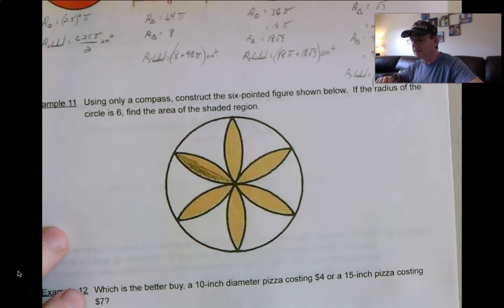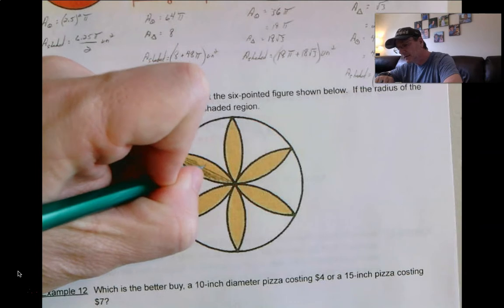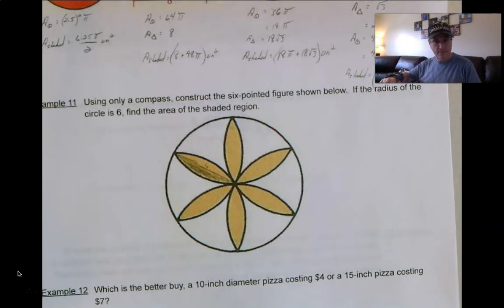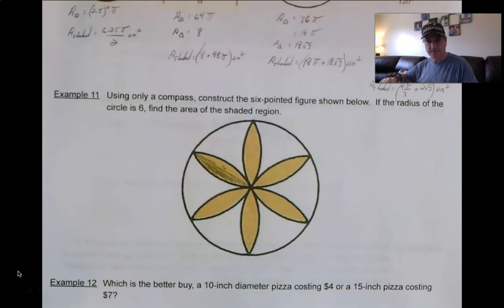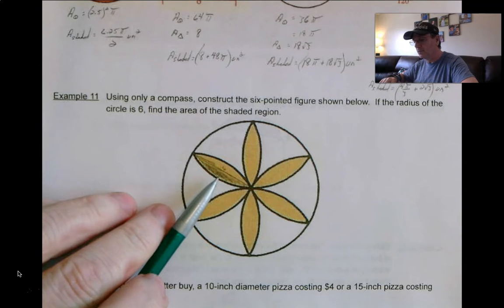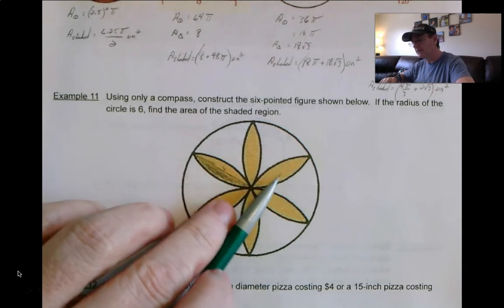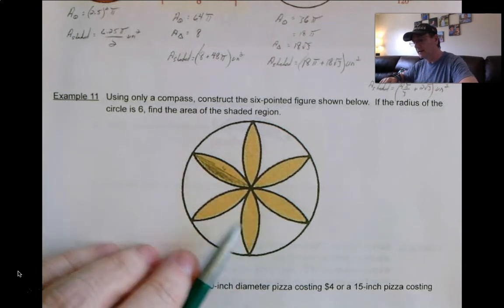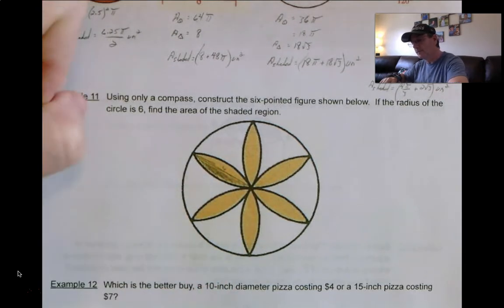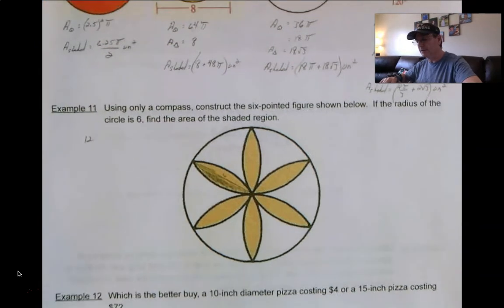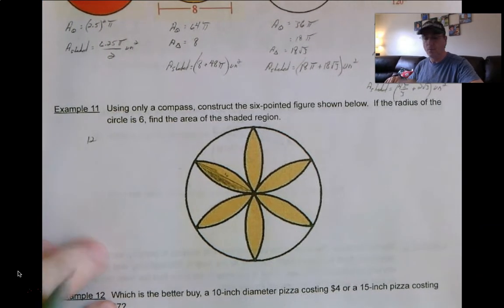Radius of the circle is 6. So this is 6. That radius there is 6. Okay? We have 1, 2, 3, 4, 5, 6, 7, 8, 9, 10, 11, 12 of these segments of a circle.